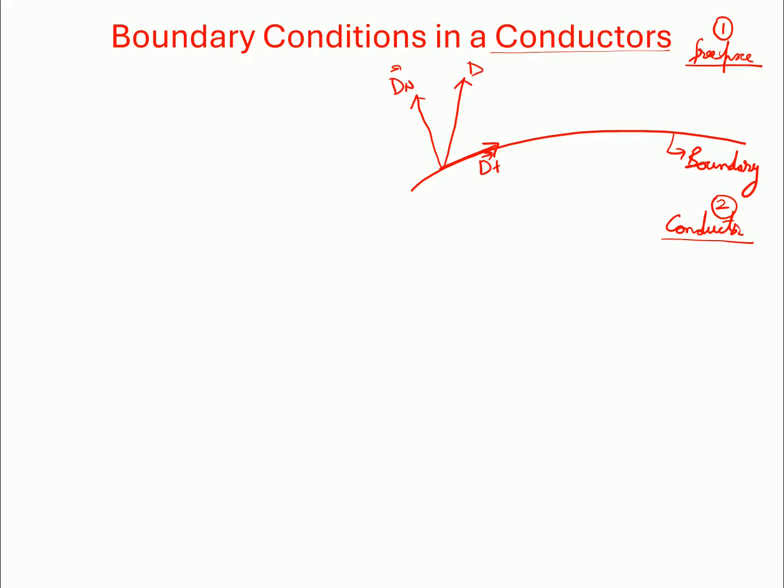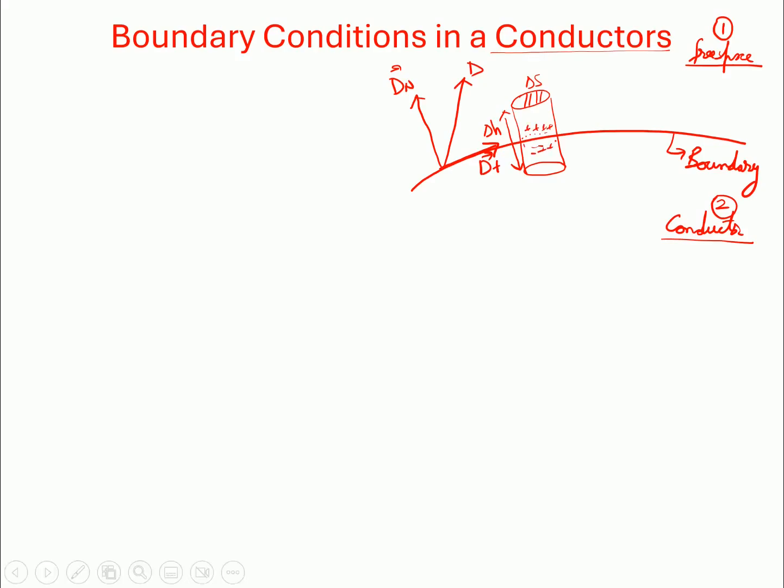These are the components of the electric flux density, and in order to analyze them, we basically take the help of Gauss's law with a symmetric-shaped cylinder. This is going to be helpful to us. This is its surface S, and it has a very small height, so we can say delta H. Half of the height is lying in free space, the other half is lying in the conductor, and charges are normally on the surface. So this is the medium where we want to do the analysis.